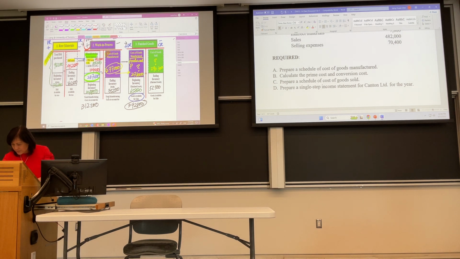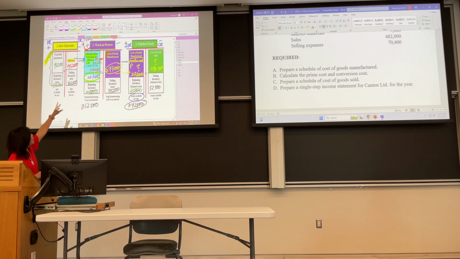So the most complicated part is this part. This is the most difficult part. If you figure that out, you add the beginning minus the ending. You figure out cost of goods manufactured. That's what the question wants us to do.